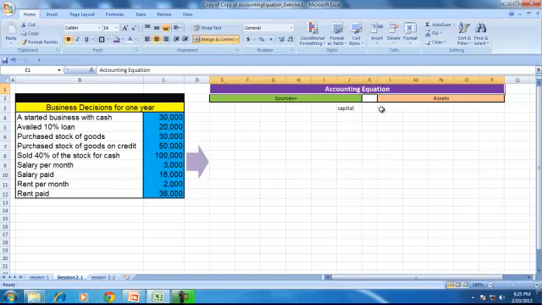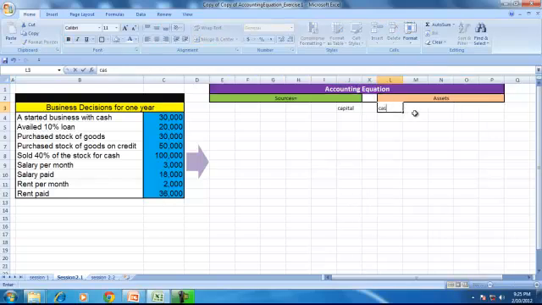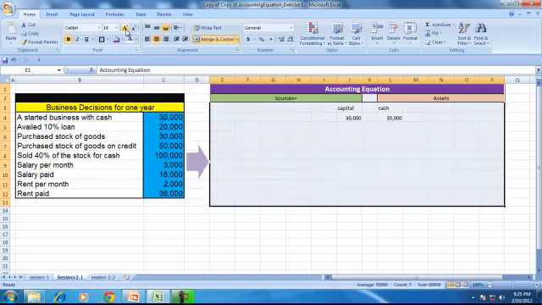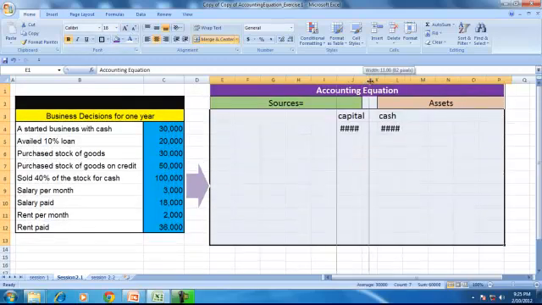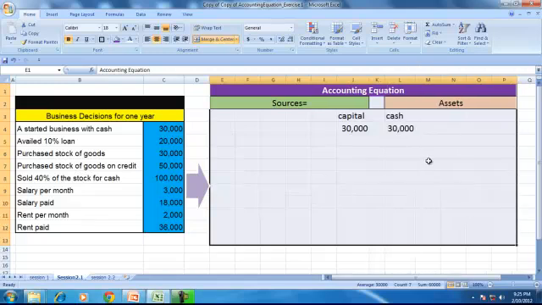So cash is equal to 30,000, and the corresponding capital is also 30,000. So the accounting equation on this date is cash is equal to capital.